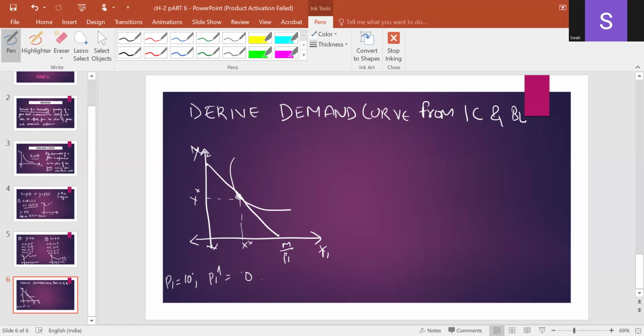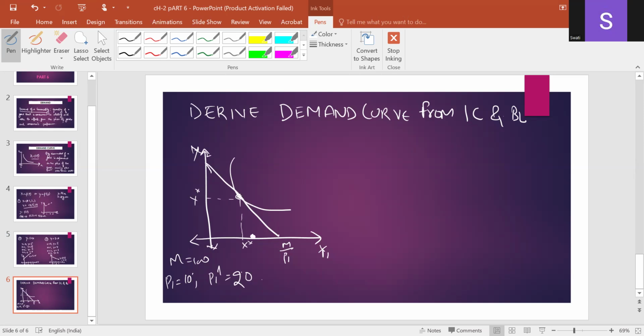In that case, what happens? I would not be able to consume as many quantities of good one as I was able to consume earlier. So let's say M is 100. Earlier I was able to consume 10 units if I spent all my income on good one, now I'm able to consume only 5 units. Right.